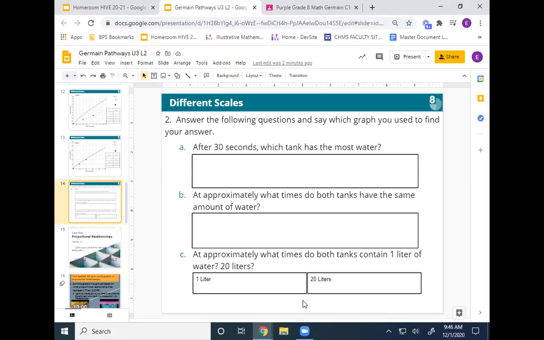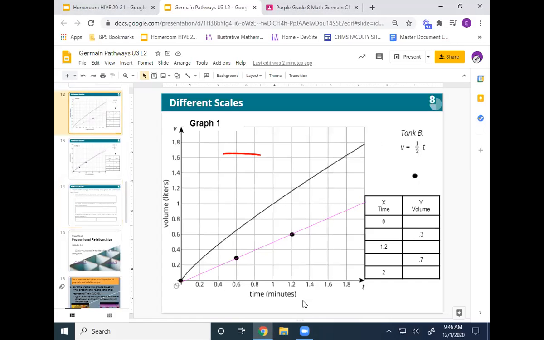Well, let's look. We're not talking about 30 minutes. We're talking about 30 seconds. So let's take a look at which one has 30 seconds. If I'm looking at this one, this right here in the middle has 1 minute. So I can really easily go over, and half of a minute would fall right here.